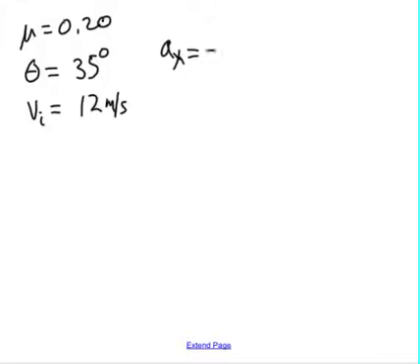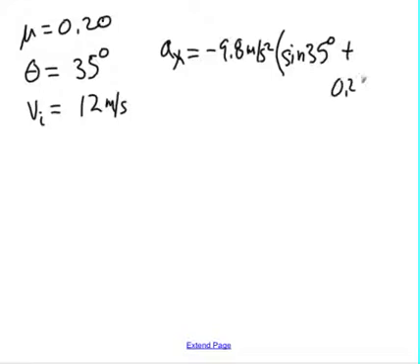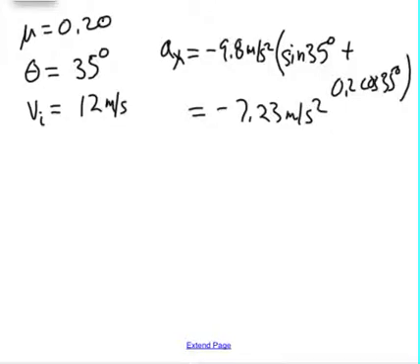That will equal minus 9.8 meters per second squared times the sine of 35 degrees plus 0.2 times the cosine of 35 degrees. Plug all those numbers in, and we end up with our acceleration being minus 7.23 meters per second squared.